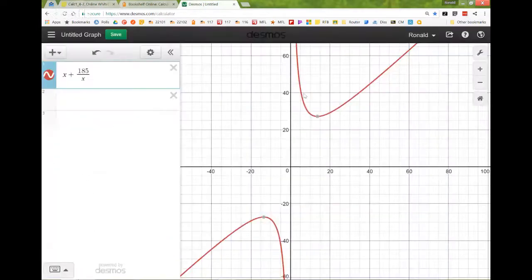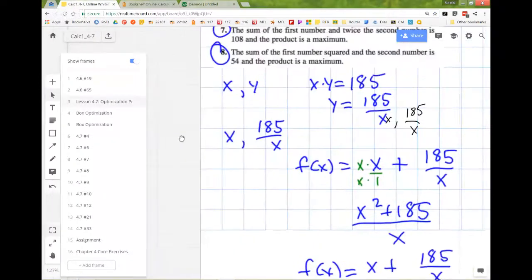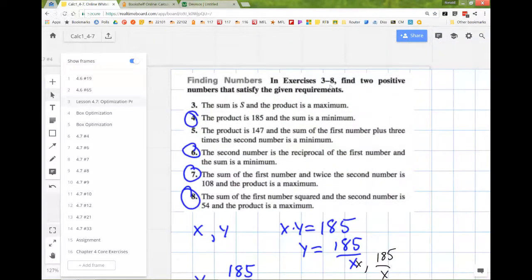So if you look back on here, yeah, there we are, 13.601. So our answer does make sense. And here's a case where you have to remember the practical points of the problem. Let me just go back and show you the directions on this section are find two positive numbers that satisfy the given rate.